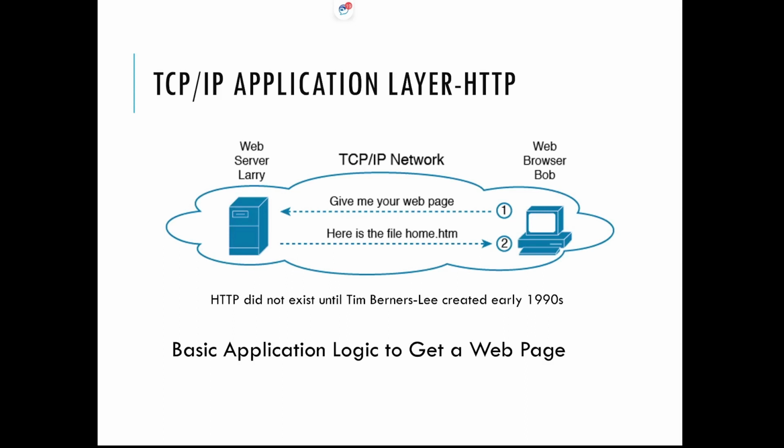Bob then receives the file from Larry, and it comes to your web browser. It goes through the encapsulation and de-encapsulation process, and then it is displayed on your web browser. So that's how a website works, simply. When you request a website, that's how it works, right?